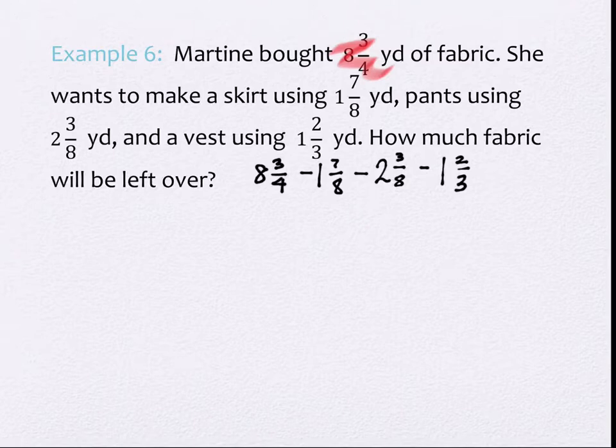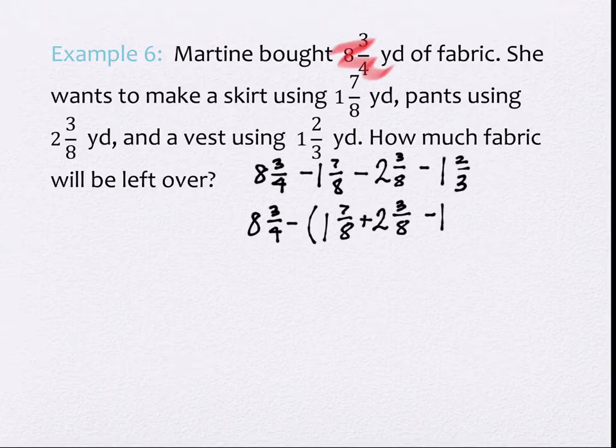So that's how you'd actually go about cutting the piece of fabric. Does that make sense? Now, that may not be how you want to go about solving the problem, because another possibility is that you could do the 8 3/4 and subtract all the pieces that are over here added together. These are the 3 projects that I'm going to work on.